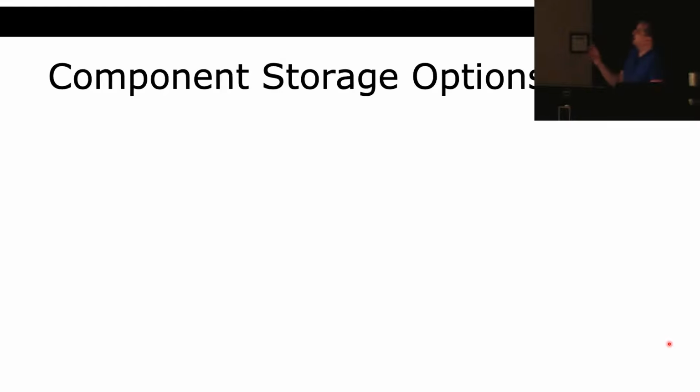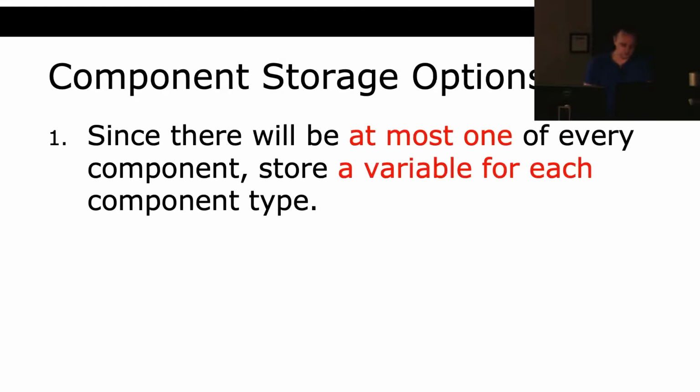So how we actually implement these things, that's an important design and programming choice. Since there will be at most one of each component, the first and most obvious option might be just to store a variable for each type of component that we have, right? If I can only have at most one of them, then I'll either have 0 of them or 1 of them. So just have one variable for each component type.